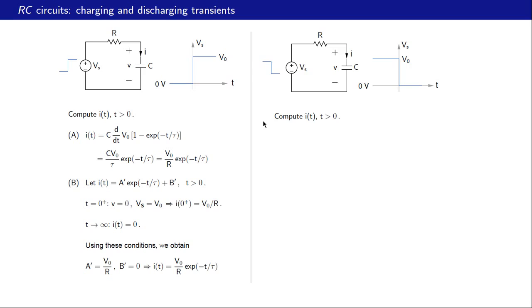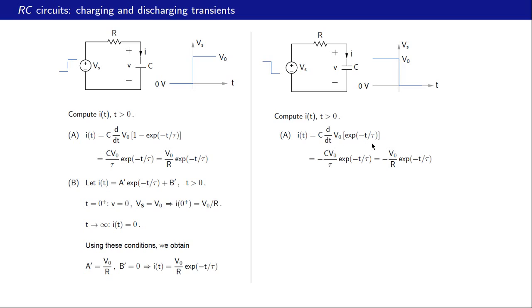Let us consider the discharging case now and find I of t for t greater than 0. There are two ways to do this again. One, we already know V of t for t greater than 0 that we calculated in the last slide. Since V of t is known, the current is given by C dV/dt, so therefore I is C d/dt of V0 e raised to minus t over tau.